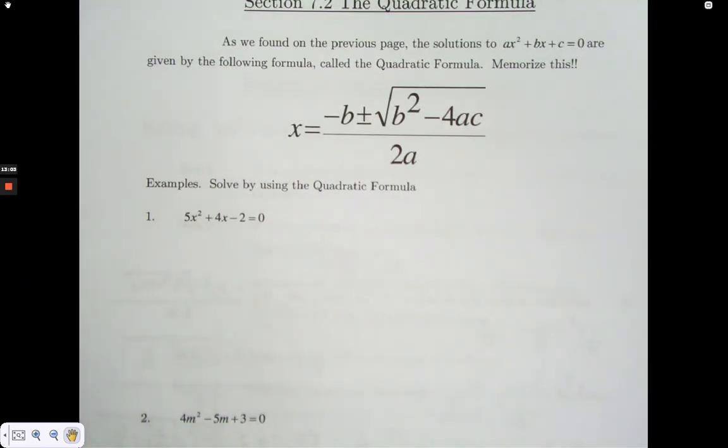Every one of these problems can be written in the form ax squared plus bx plus c equals 0. One of the things I always advise students to do is identify what their A, their B, and their C are as soon as they realize they're going to be using a quadratic equation, because it becomes easier to make sure we put the right things in the right spots.